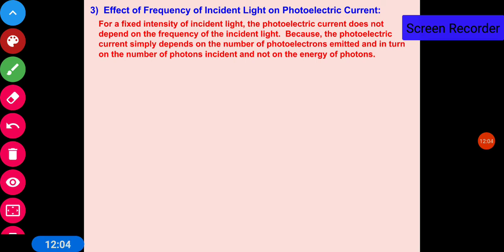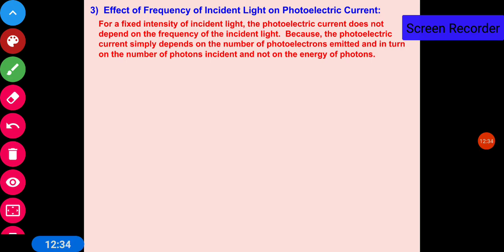Now it was observed, and the conclusion drawn, that one photon can eject only one electron, provided its frequency is greater than a particular limit; if it has a certain energy, then it can eject the electron. One photon can eject only one electron. So as we increase the intensity, we are increasing the number of photons.